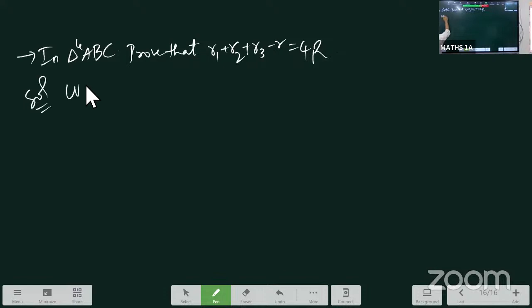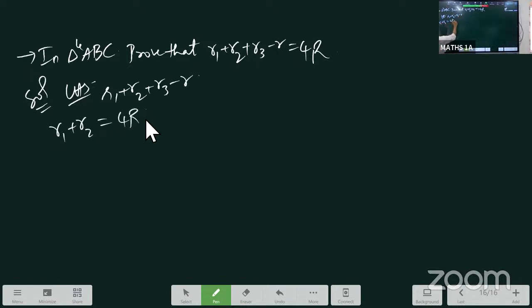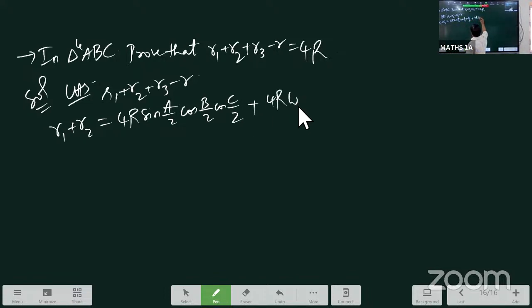Now take LHS. R1 plus R2 plus R3 minus R. Now R1 plus R2. What is R1 formula? 4R sin A by 2 cos B by 2 cos C by 2 plus R2, 4R cos A by 2 sin B by 2 cos C by 2.